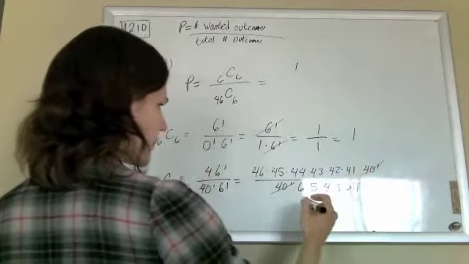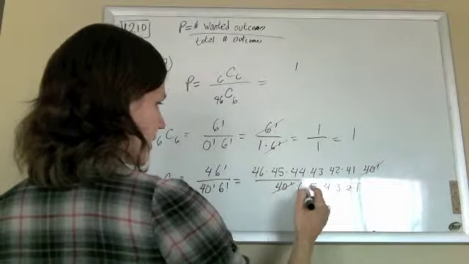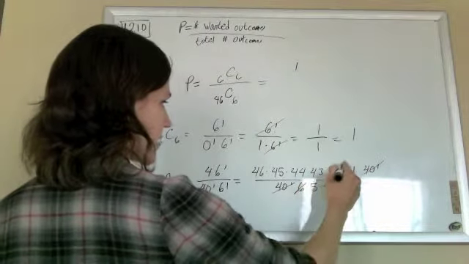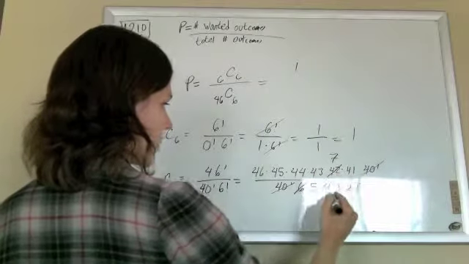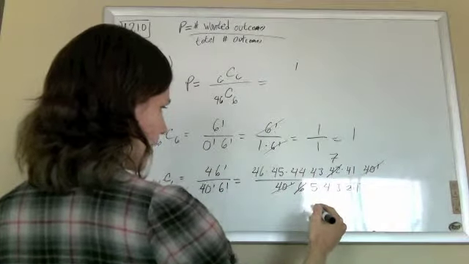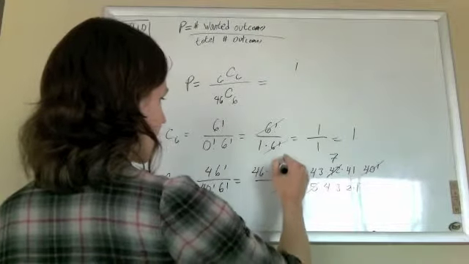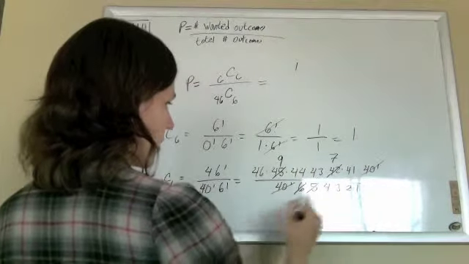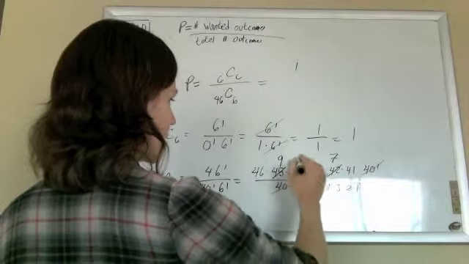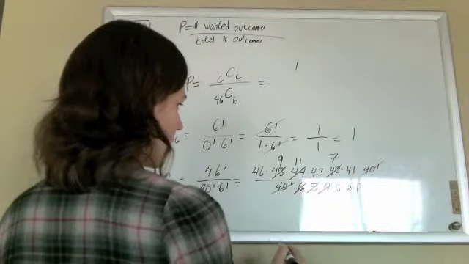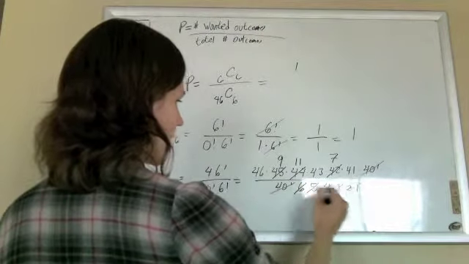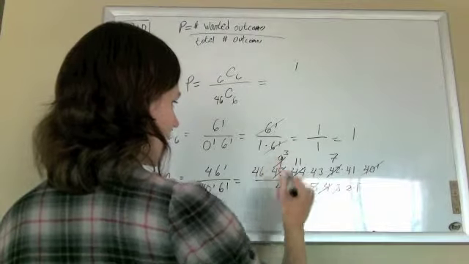Those cancel. Let's see, I'll divide by 6 to make that a 7. I'll divide by 5 to make that a 9. I'll divide by 4 to make that an 11. I'll divide by 3 to make the 9 a 3.